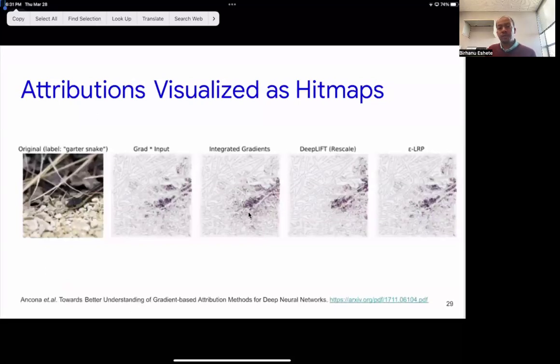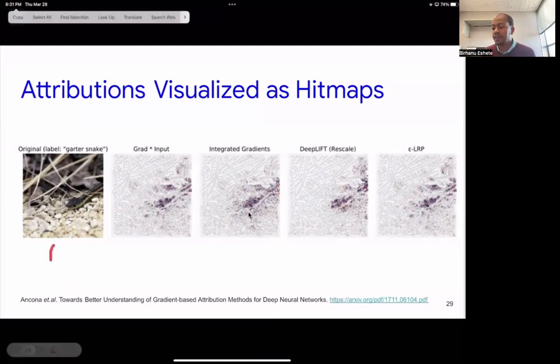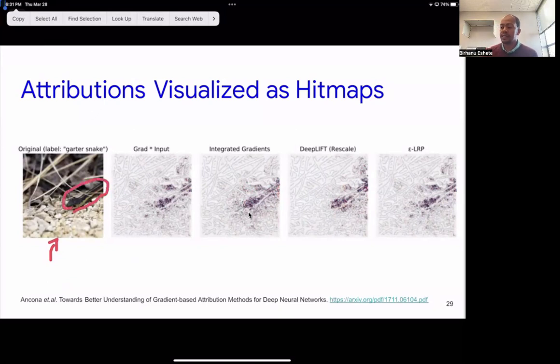When you look at these attributions visualized as heat maps, here is an example of different approaches of doing attribution and showing the heat map. On the left is the original image. The label is a garter snake. So this is the snake over here. The goal is to highlight the snake. And these are different approaches. The gradient multiplied with the input: if you simply multiply the gradient with the input, that could serve as sort of a baseline explanation or attribution.